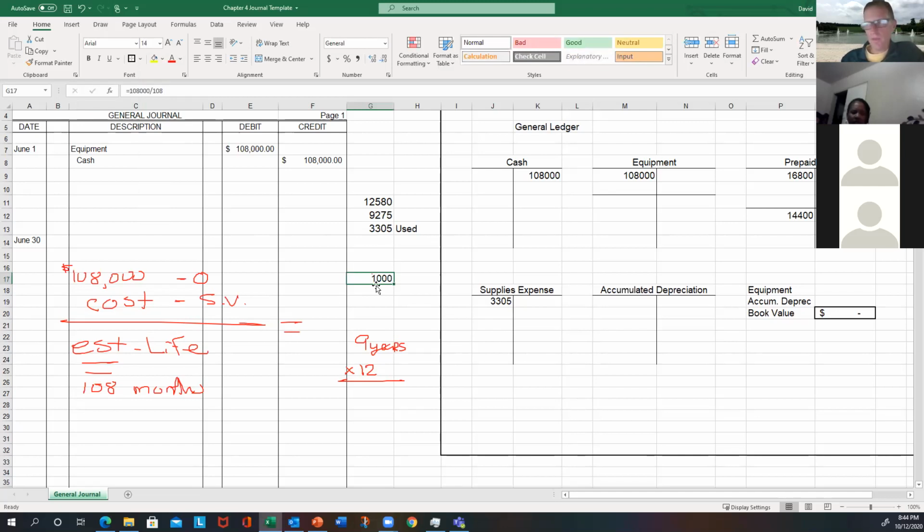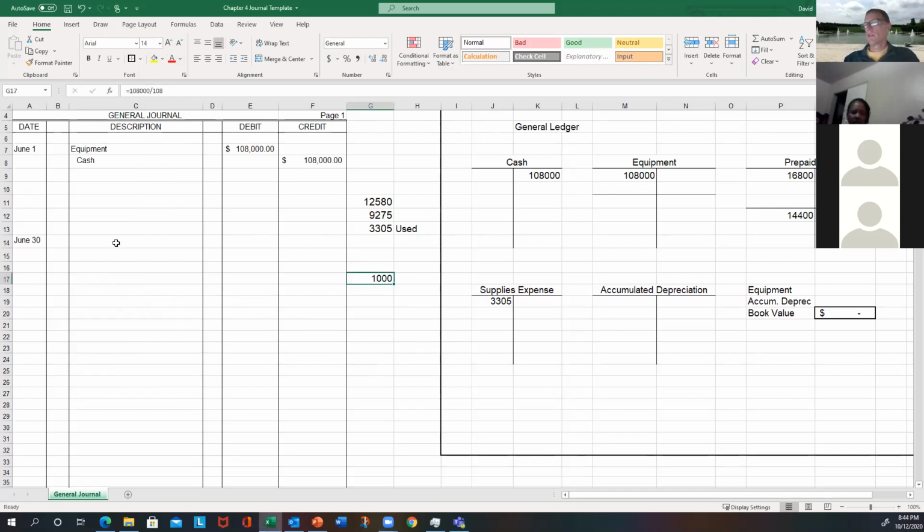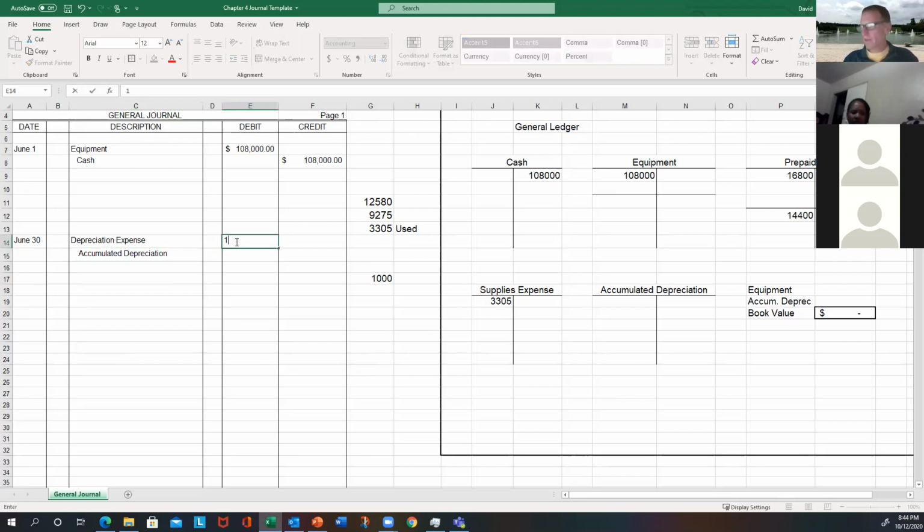All right. So what we would do is go to our journal, and I'm going to type it in. You could have depreciation expense and accumulated depreciation. You're going to debit and credit for $1,000. Notice again, we do not debit equipment expense.